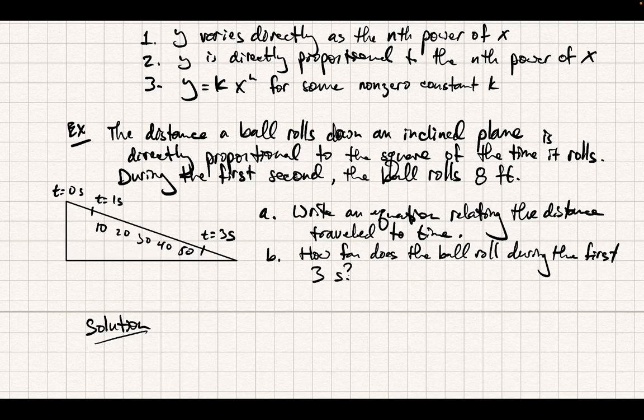Yeah, so the question gives that to us right away. So it's direct variation, or directly proportional, to some power, the square of the time. So we would like something of the form y equals k x to the n. So what can we get out of this equation?